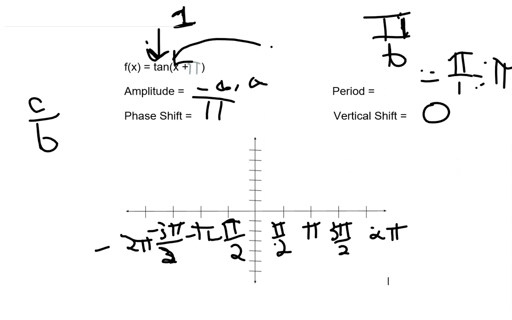Alright, so my phase shift tells me where my trig function crosses the x-axis. Since there is no vertical shift, it's going to be the x-axis. A plus sign here changes things up for you, so it's going to be a shift to the left. So I'm going to shift it to the left here, pi to the left. From there I want to get my period. My period was pi, which means that on the right side and on the left side I should have an asymptote of pi over 2.